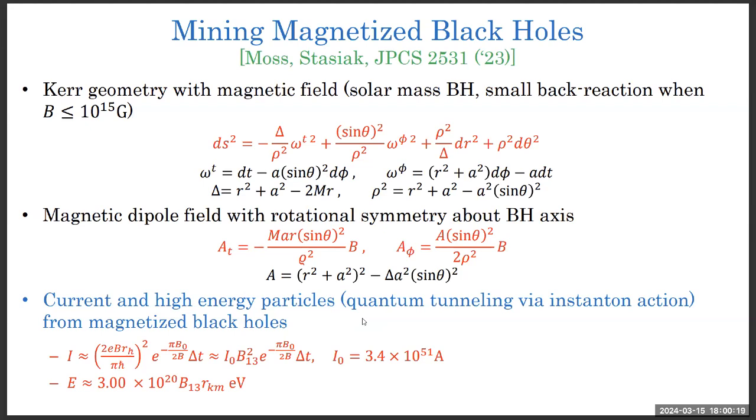Just because the rotating black hole can have a magnetic field, and the induced electric field due to rotation accelerates particles up to that energy. That is almost the highest energy cosmic ray detected by IceCube. There must be some mechanism for it.